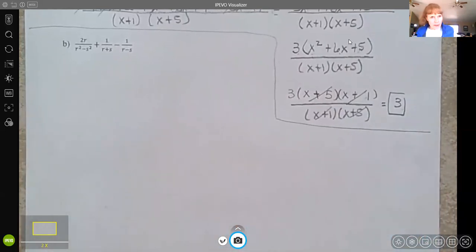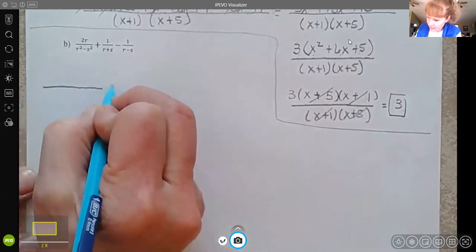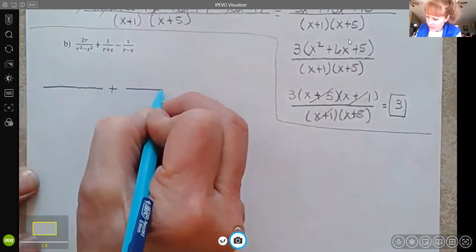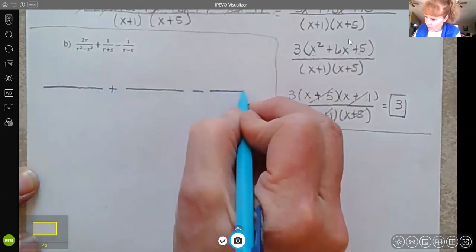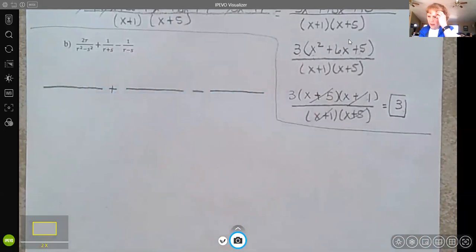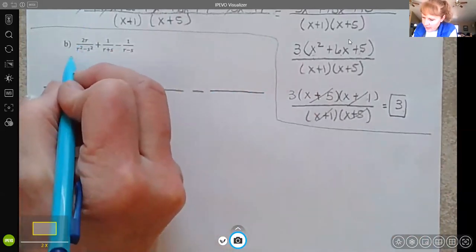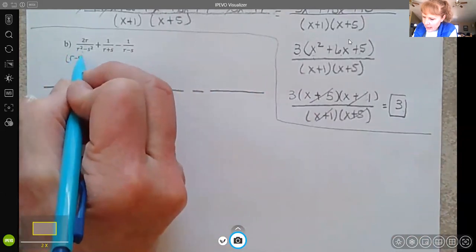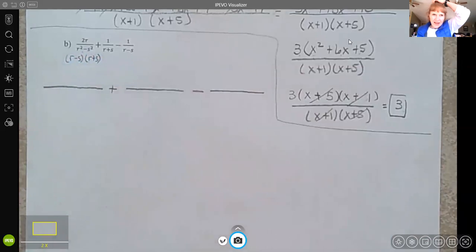Now this one right here, let's go ahead and get a common denominator. I guess maybe the nice thing about this one is that it's the same idea throughout the whole section. This one right here is r minus s, r plus s. Okay, I factored that first one.